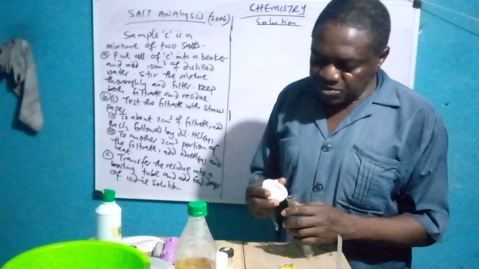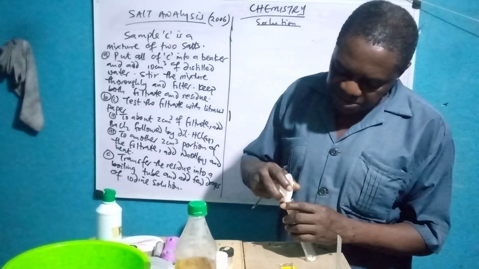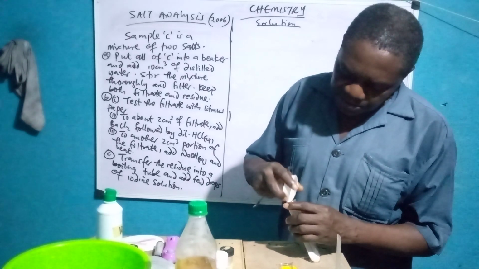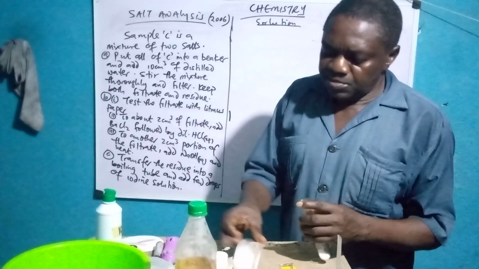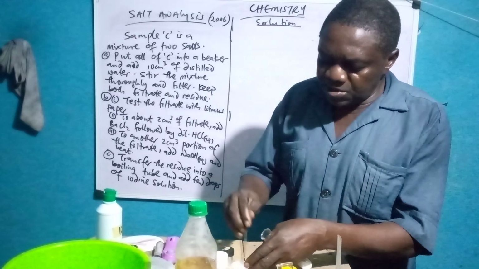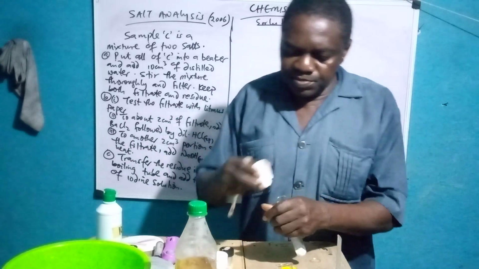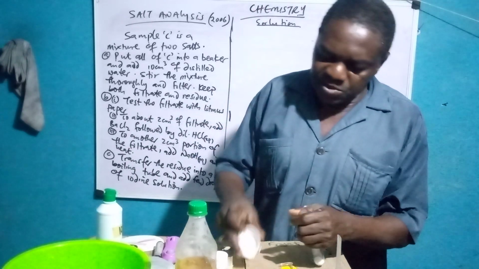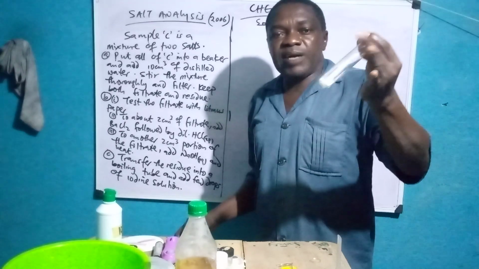This is the boiling tube we are going to use. Let's add it carefully. Wow, all of it has gone in. Let's see if there's still any remnant left. Okay, so it's a mixture of salts, and this is what we have.